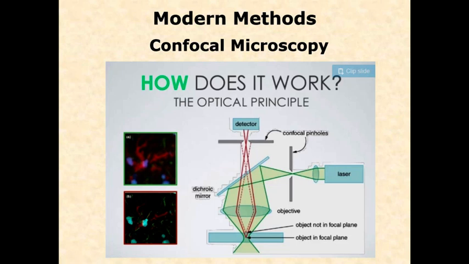Here's your object, we put it through a lens, and then the light rays have to cross over one another before they get to the detector. This is actually why in a camera you get the reverse image.